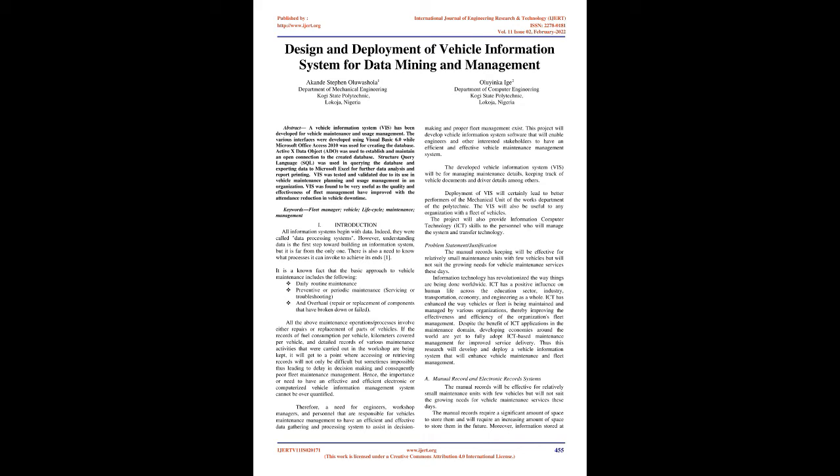It is a known fact that the basic approach to vehicle maintenance includes the following: daily routine maintenance, preventive or periodic maintenance, servicing or troubleshooting, and overhaul, repair or replacement of components that have broken down or failed. All the above maintenance operations/processes involve either repairs or replacement of parts of vehicles.